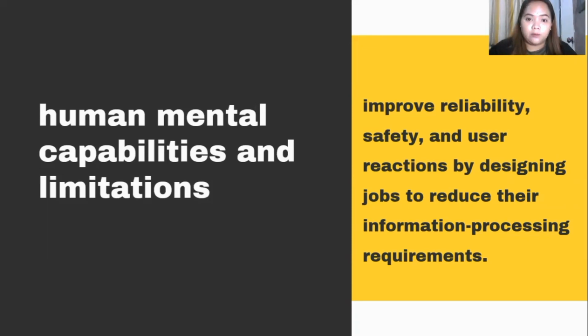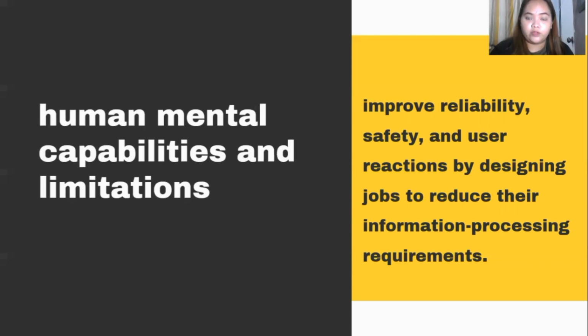It ensures that the mental demands on employees do not exceed their capabilities, to avoid mental stress, because mental stress affects the performance of an employee. So the employee will work efficiently and effectively without any problems thinking. So that is the perceptual motor approach.